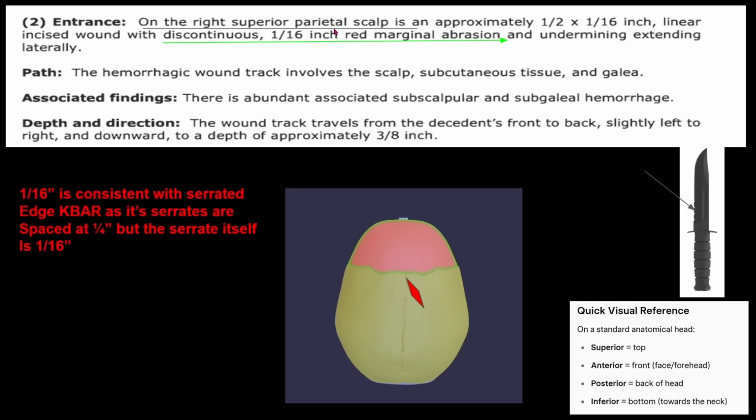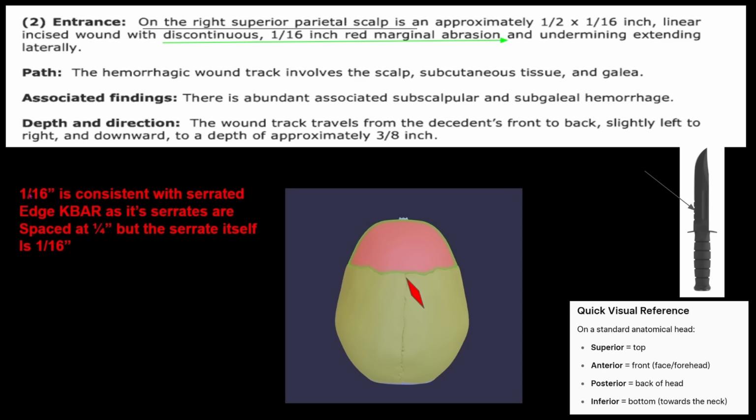On the right superior parietal scalp is another 1/2 inch by 1/16 inch linear incise wound with discontinuous 1/16 inch red marginal abrasion. This is how the pathologist is describing a knife, undoubtedly with a partially serrated blade.